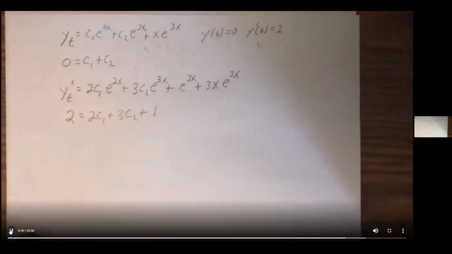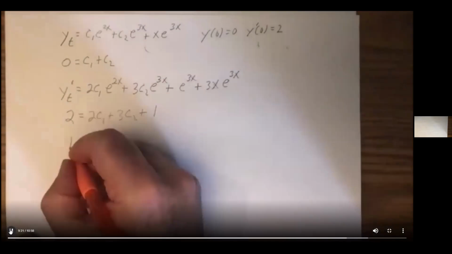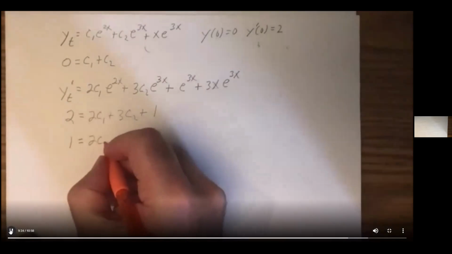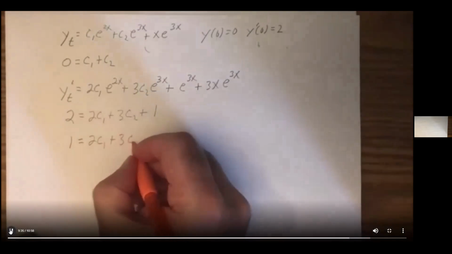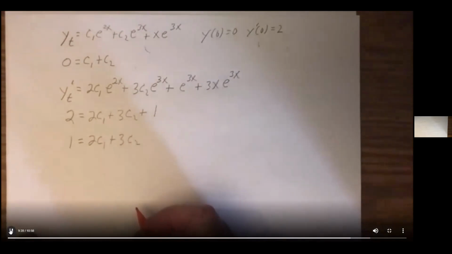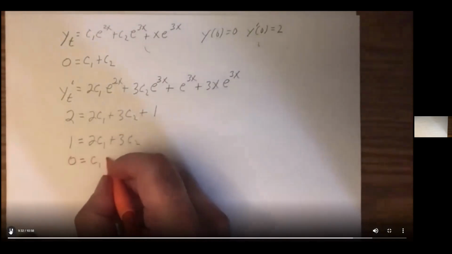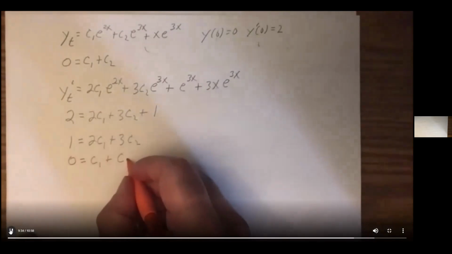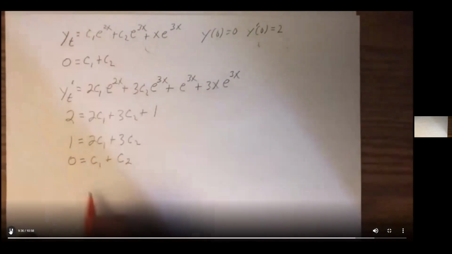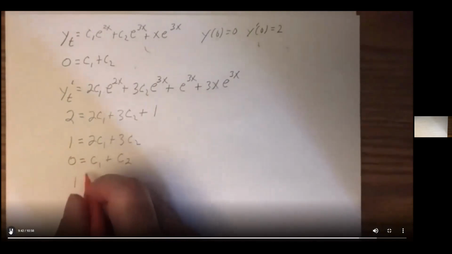All right. So let's see. I can write this as 1 is equal to 2c1 plus 3c2. Let me put the other equation down here. Let me multiply this equation by minus 2. There's different ways of doing this.